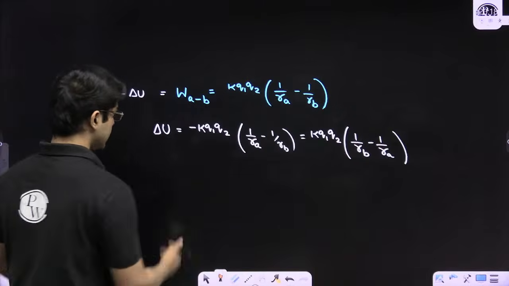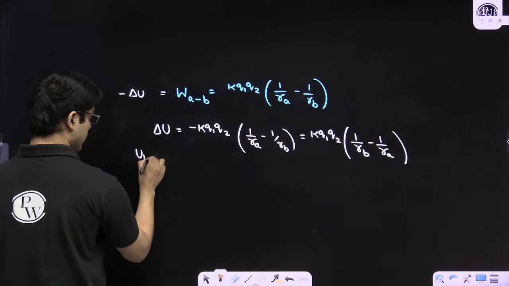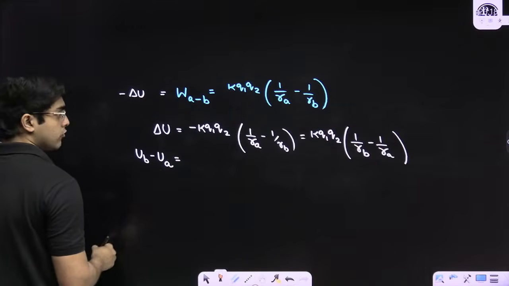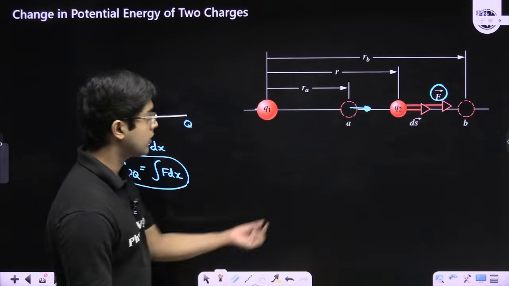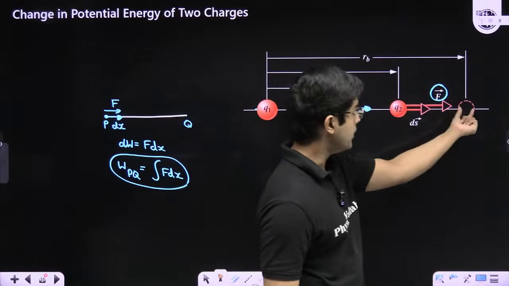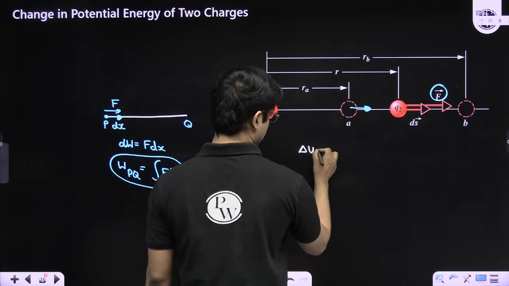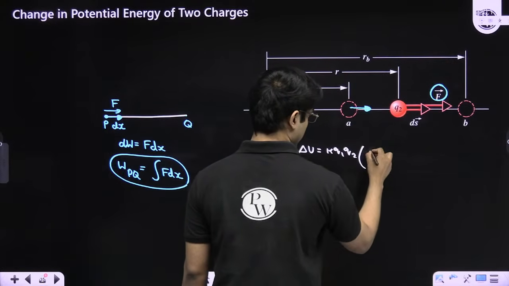This is delta U, which is always U final minus U initial, UB minus UA. So when we move from location A to B, the potential difference we calculated is equal to this value.